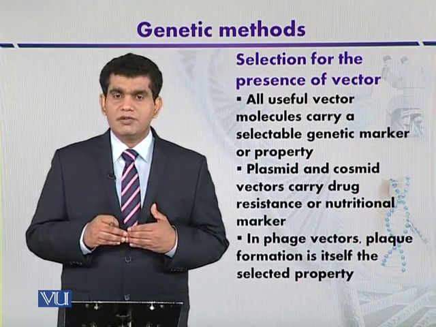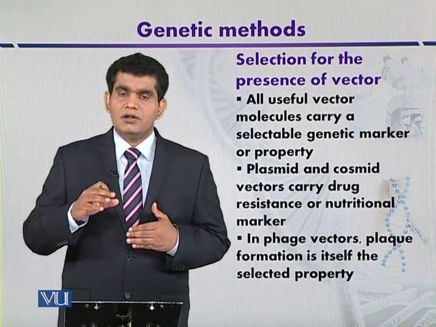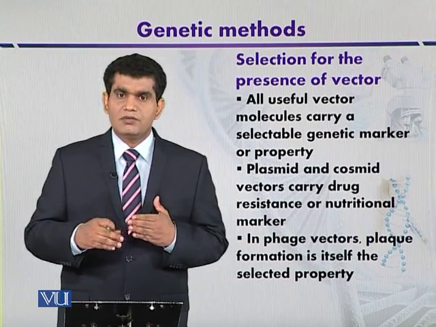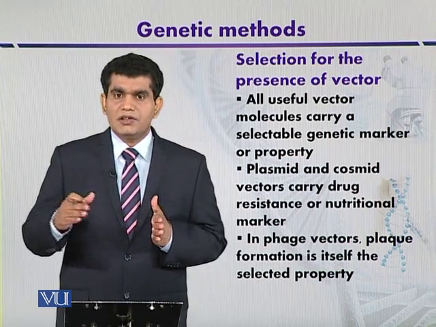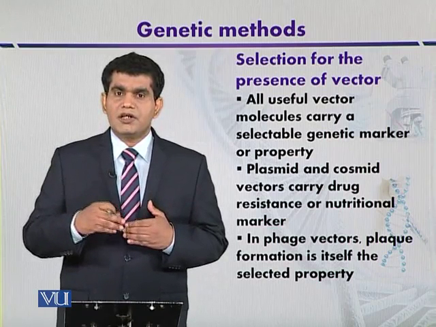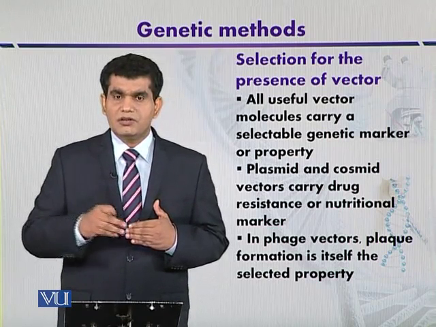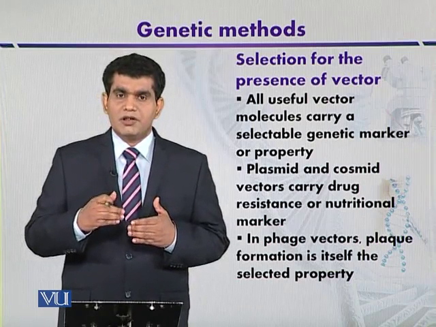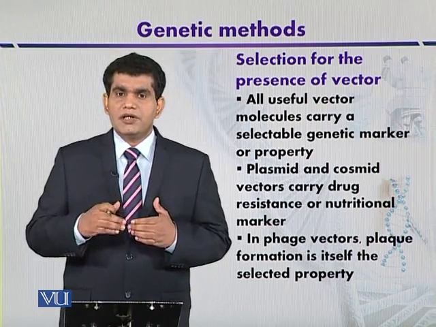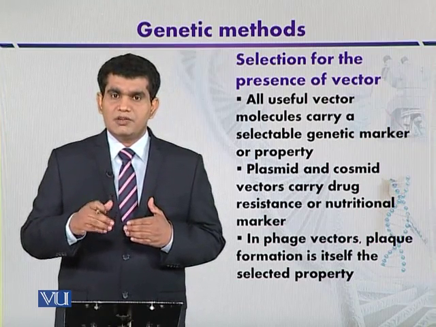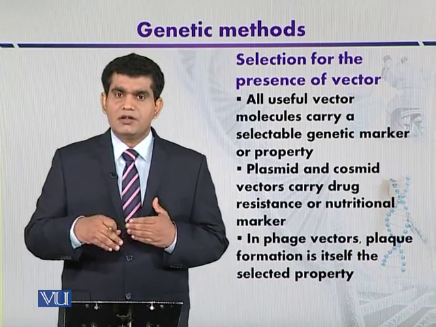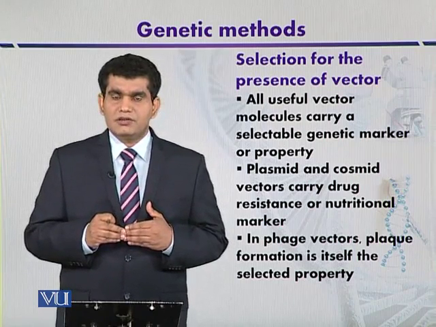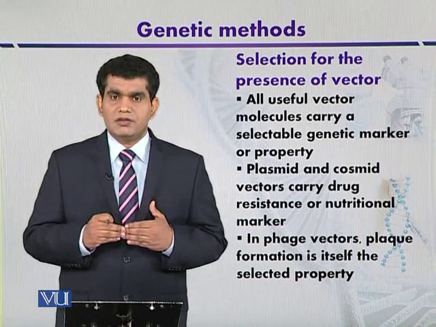On the other hand, in case of an insertional vector, if you remember, there is inactivation of the beta-galactosidase gene. When foreign DNA is not inserted, the beta-galactosidase gene will keep on expressing. So the plaques that are produced will be blue in color, because beta-galactosidase will degrade the X-gal chemical that is present in the medium and convert it into a blue color. So blue plaques indicate the ligation of the vector without the insertion of foreign DNA.